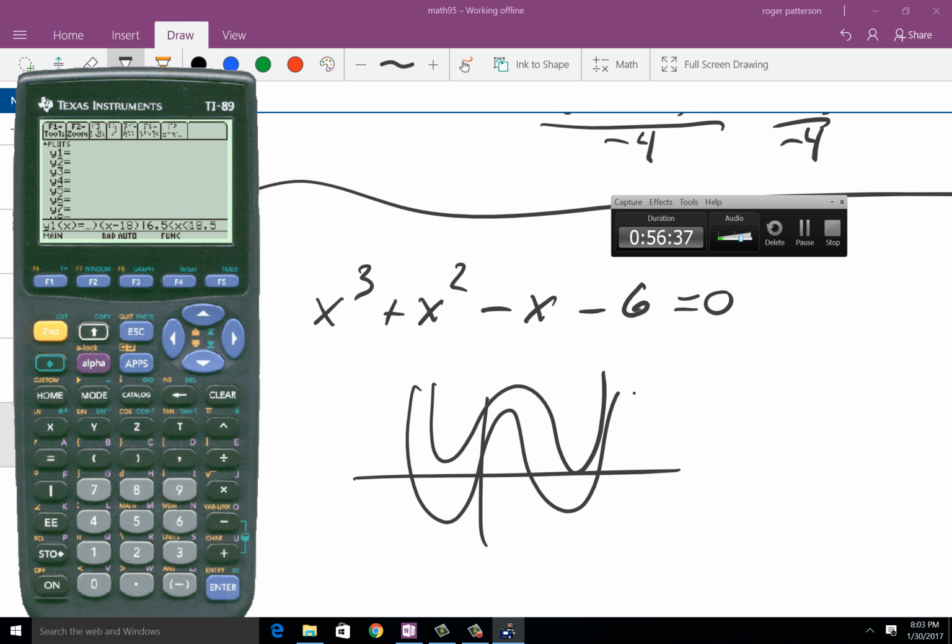Syntax? What do you mean? You didn't close it. Oh, I shouldn't have to close it. Is everybody getting a syntax error, or is he getting it to work? I might have hit something wrong. Did you get it to work? 89 people, did you get it to work? I can't get it to work on 84. Oh, no, that's a whole different deal. I'll show you what that one is.